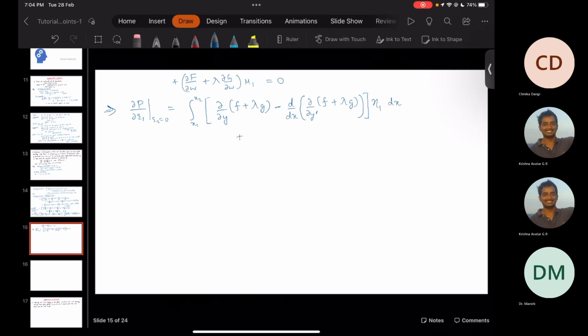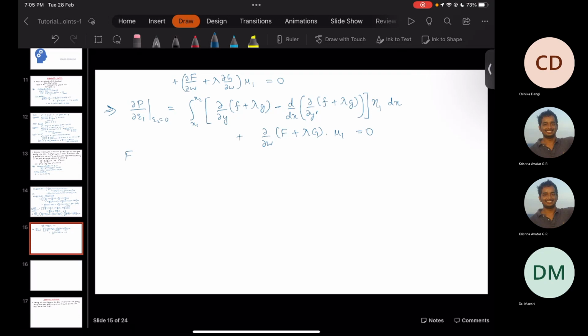And this term that we already have here, it is ∂f/∂w, and I'll also write it in a standard compact form. So this, and into mu1 is equal to 0.